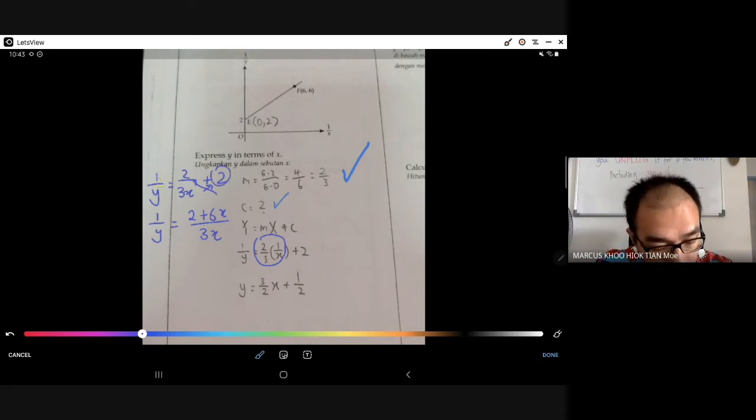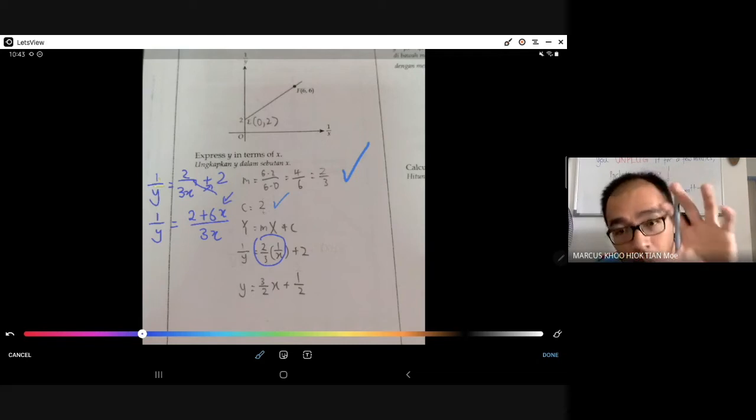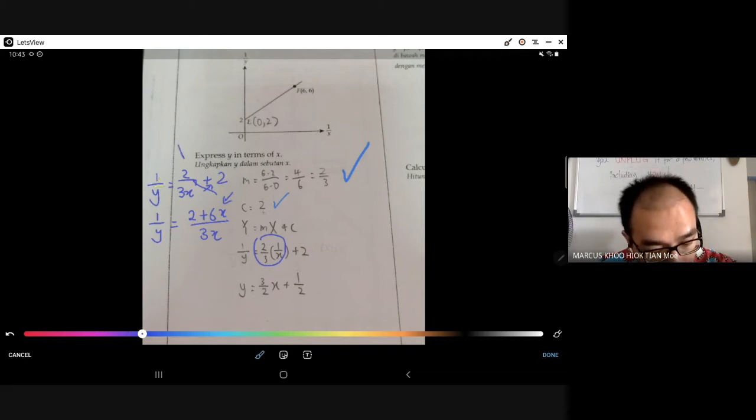So 2 times 3x will give you 6x. 2 times 1, here is 1, equals to 2. So when you write it like this, this becomes one term already. This is two terms, 1 and 2. So we cannot flip it if it's two terms, but if it is one term, then you can flip it around.